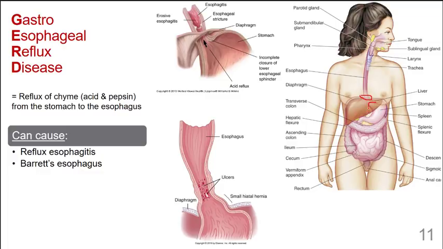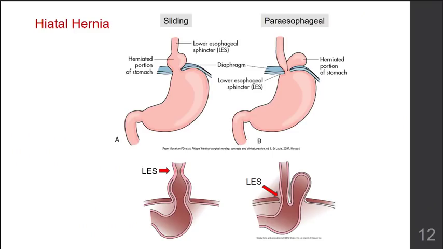So what I want you to understand from this is that your lower esophageal sphincter should be found below the diaphragm in normal cases. But there are situations where this part of the stomach can actually herniate upwards. And we'll look at those examples on the next slide.